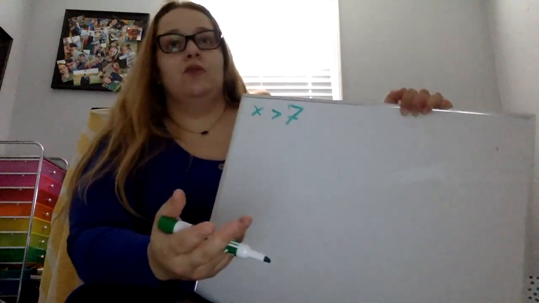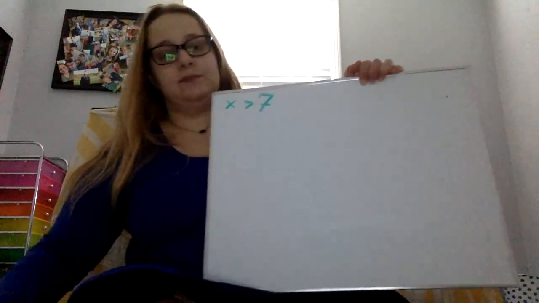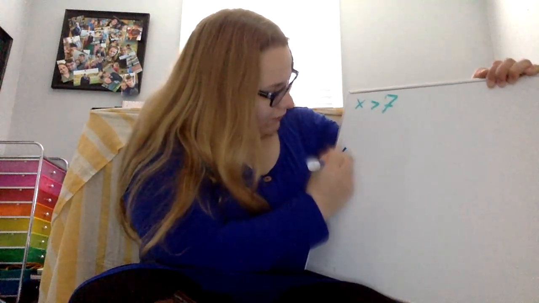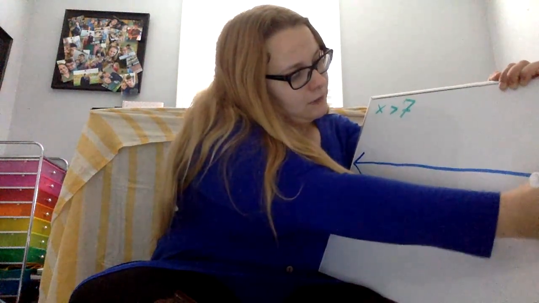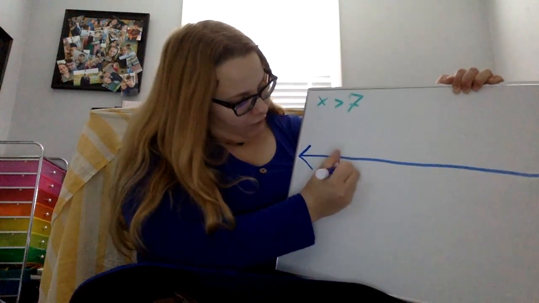So what we want to do is draw a number line so that we can show all of those possibilities. So I'm going to pull out my blue marker. I'm going to draw my number line. Okay, and just for sake of space, I'm going to put my 0 over here.